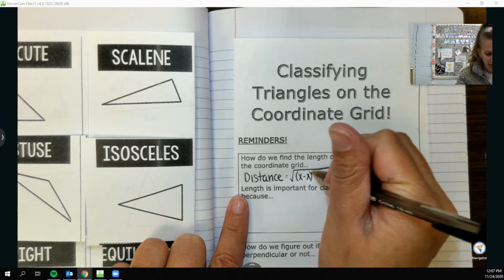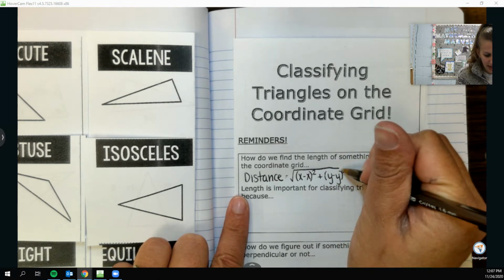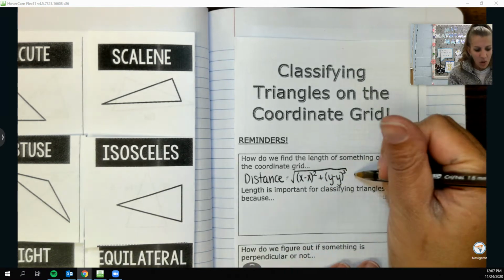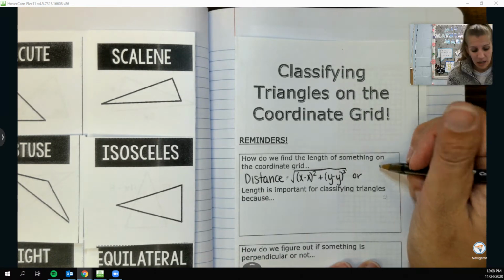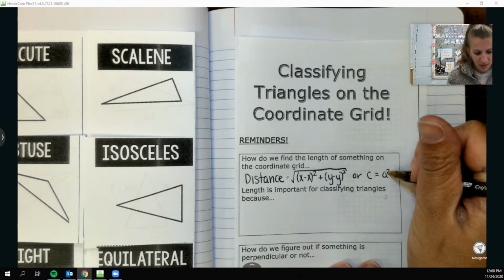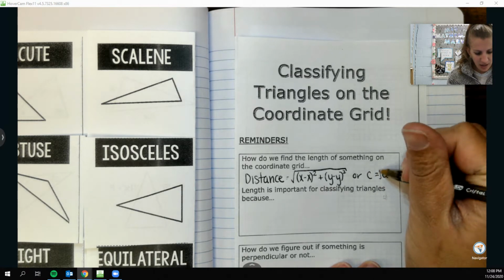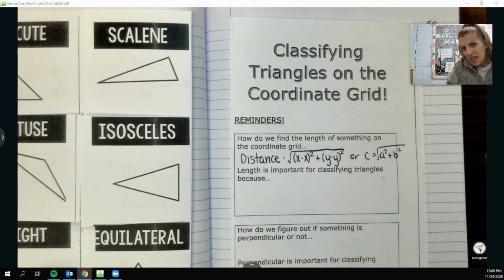We're subtracting the x's and squaring them, subtracting the y's and squaring them, adding that up, and then square rooting it. Or we were kind of low-key doing the Pythagorean theorem, c squared equals a squared plus b squared, but then I square root it to get c by itself. We were kind of doing that by using slope.